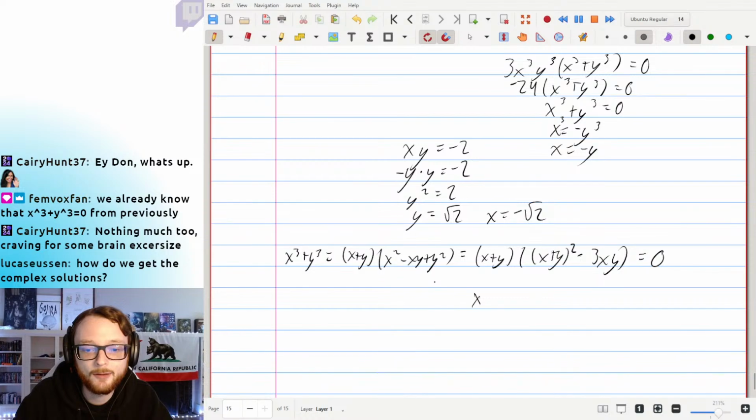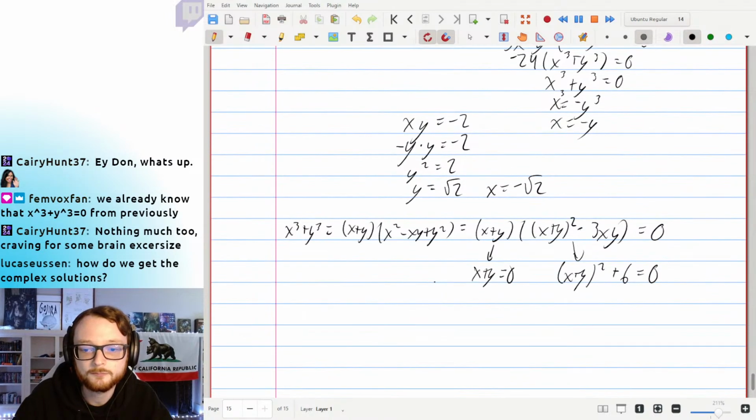And so either x plus y equals 0, from this piece, or from this piece, we get x plus y squared, xy is negative 2, so plus 6 equals 0. x plus y squared equals negative 6, so x plus y is i root 6, plus or minus.